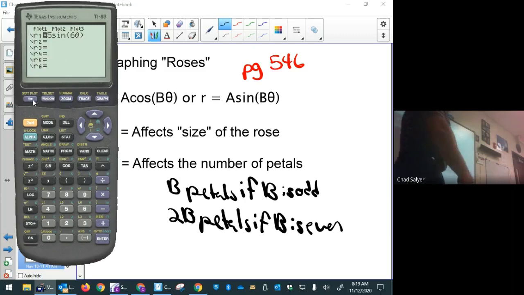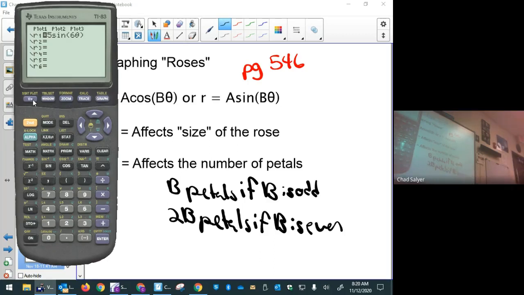Okay, so look at this, Jesse, and tell me, how far is it going to go out from the center of the graph? 5. Good. And then, Rachel, can you tell me how many petals it would have? It's going to have 6 petals? Well, wait, what exactly do you mean? Look at these 2 statements.